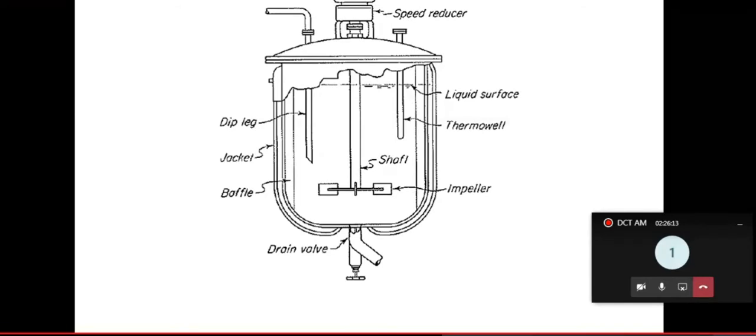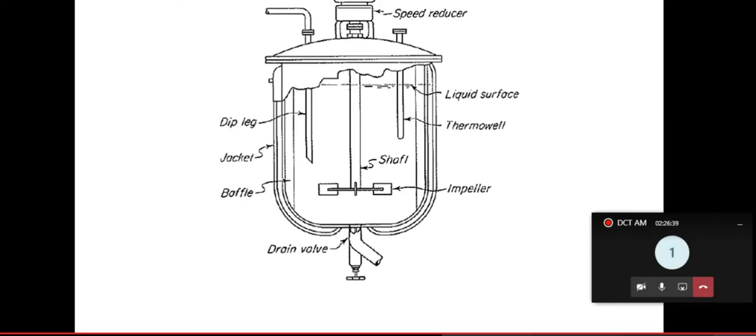Then after that, suppose there is a reaction. So we know this is the equipment you are going to use. This equipment is a standard one, which has a motor and speed reducer. What is the meaning of speed reducer?